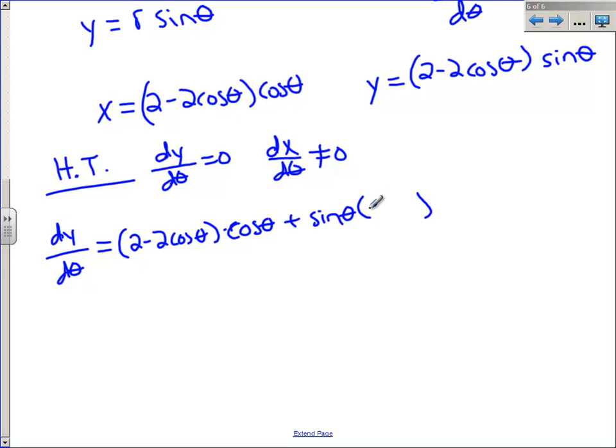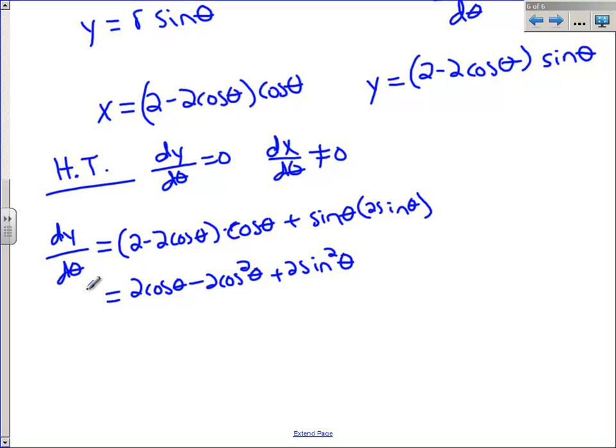Derivative of cosine is negative sine, so that makes that negative 2 cosine theta equal to 2 sine theta. The first times the derivative of the second plus the second times the derivative of the first. So let's clean this up a little bit and see what we have. 2 cosine theta minus 2 cosine squared theta plus 2 sine squared theta.